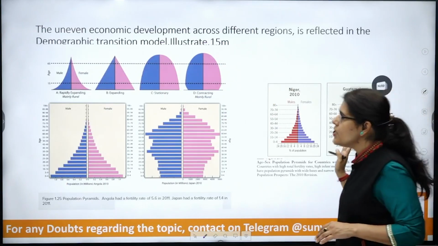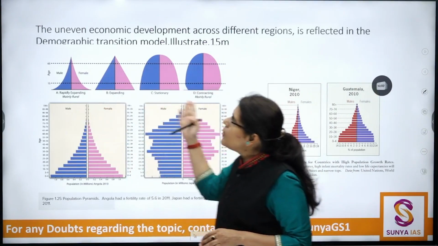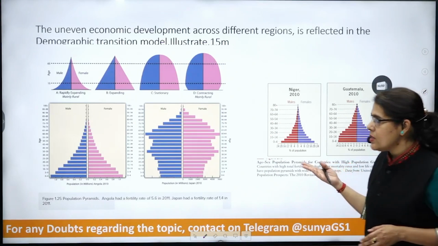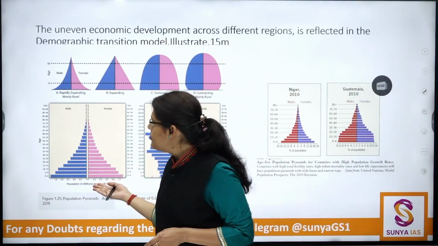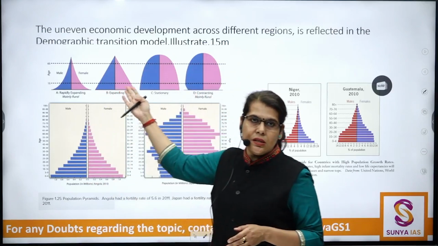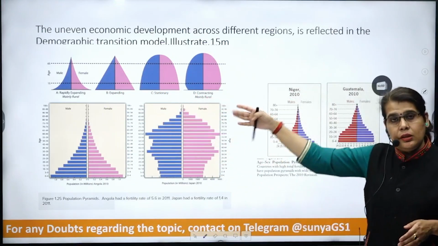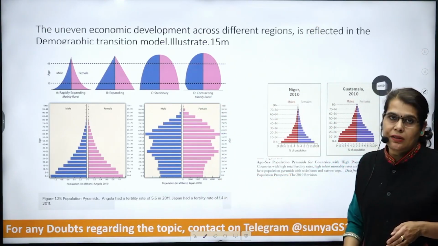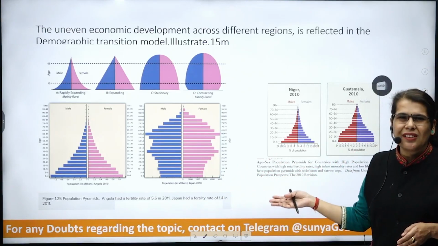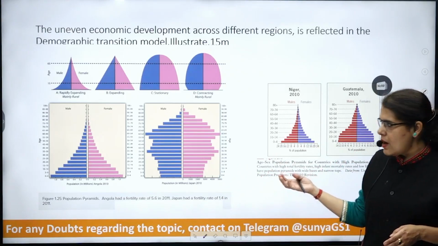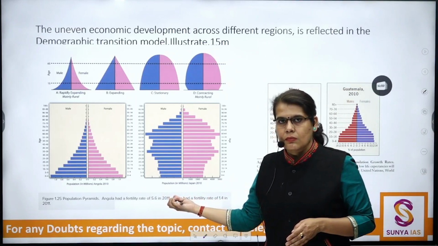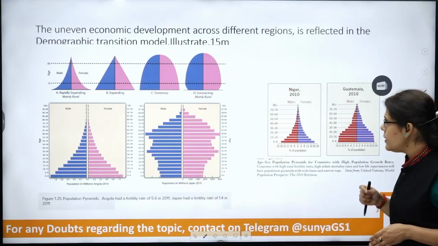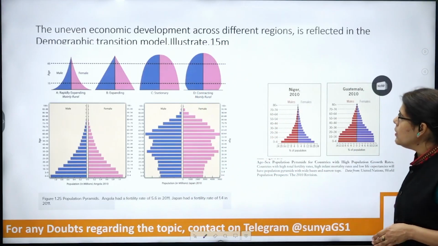You can also associate it with different population pyramids. For example, let's see the example of Angola. What do you see? The early stages of the demographic transition equated with lesser economic development, whereas when we compare it with Japan, almost an inverted pyramid, a highly aged population with a very narrow base, higher in the stages of the socio-economic ladder, also demonstrated across the demographic aspect in the population pyramid.